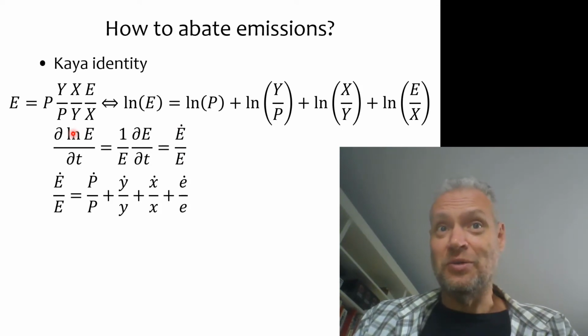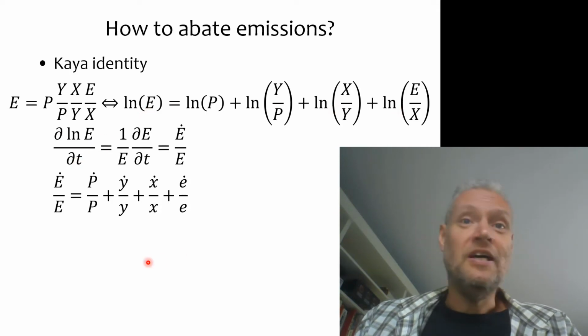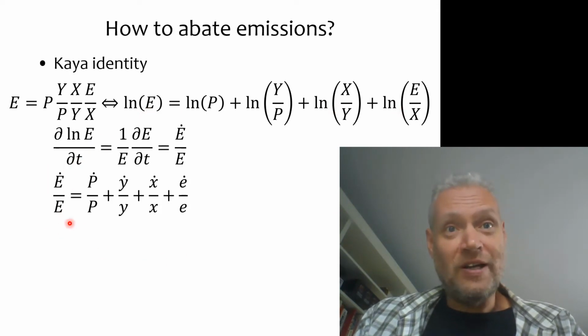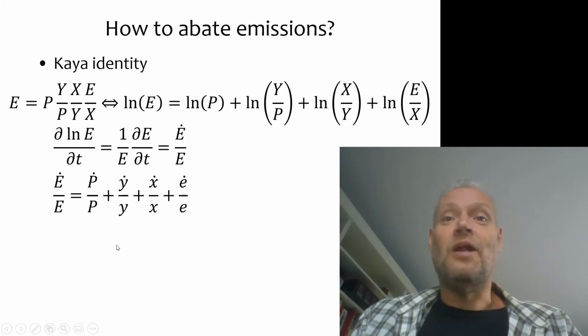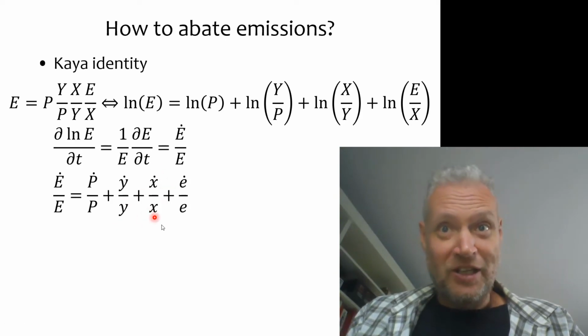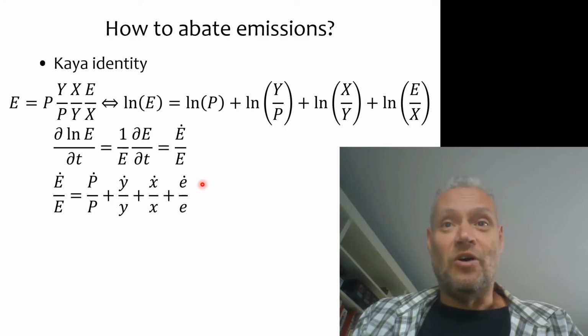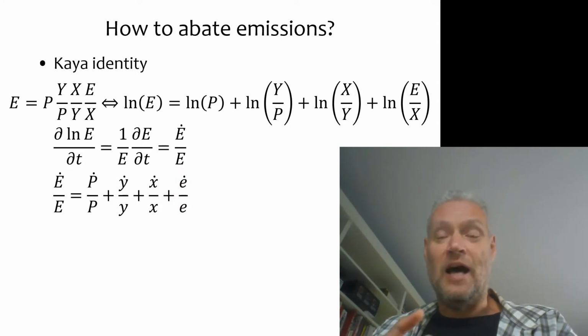Now this applies to d ln E dt, but it also applies to all the other things. So what we have is that the growth rate of emissions equals the growth rate of the population plus the growth rate of per capita income plus the growth rate of energy intensity of the economy plus the growth rate of the carbon intensity of the energy supply.